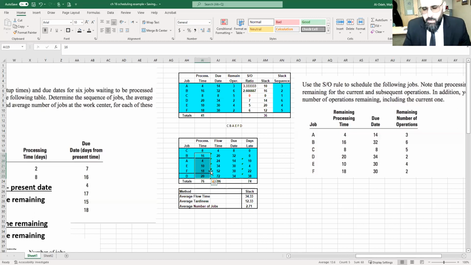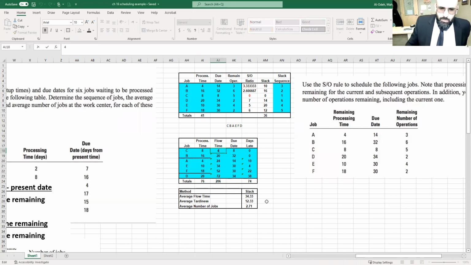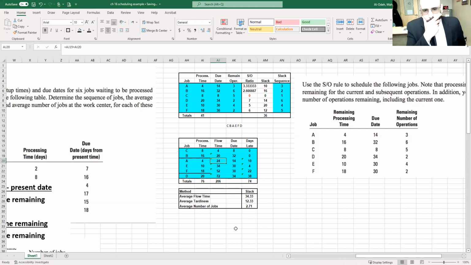It's similar to what we did in the previous example. Calculate the flow time based on these processing times. So we are starting with this one. We are adding the 4 plus 16 to get 20 here, adding the previous time plus the next one.